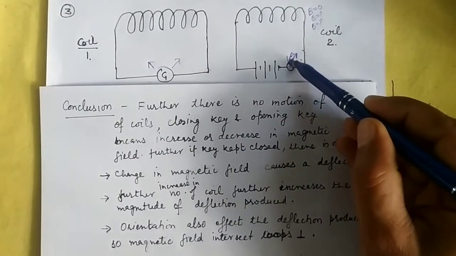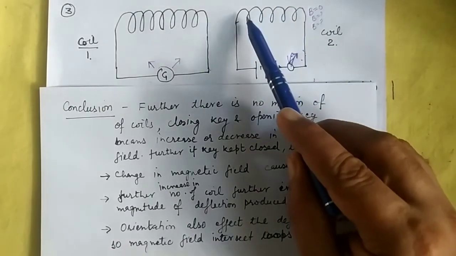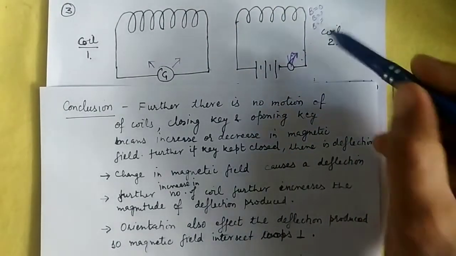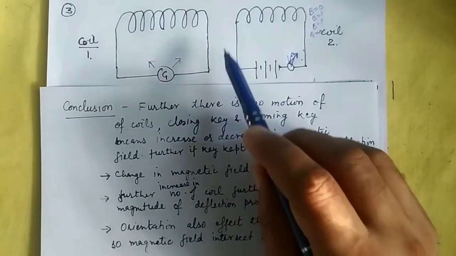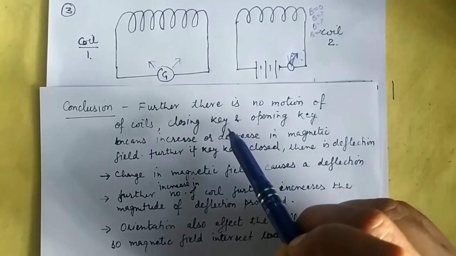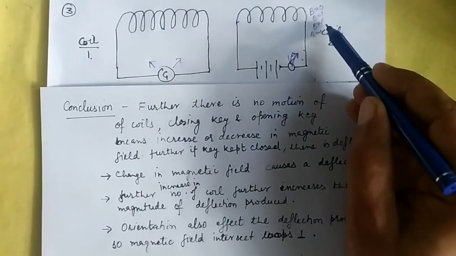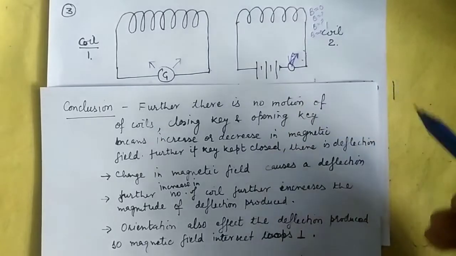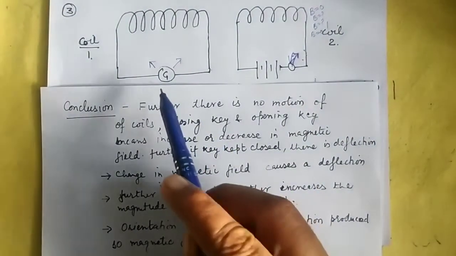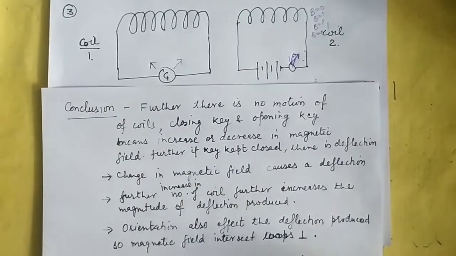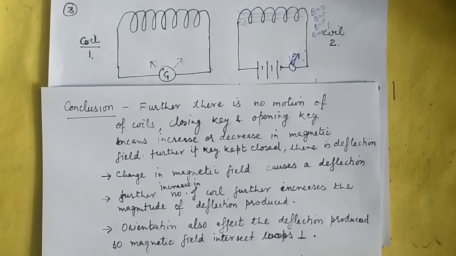As you open the key, you are changing the magnetic field from some value to 0, because when you open the key there is no current in these coils and no magnetic field. This change causes a deflection in the galvanometer. The change in the magnetic field causes a deflection.